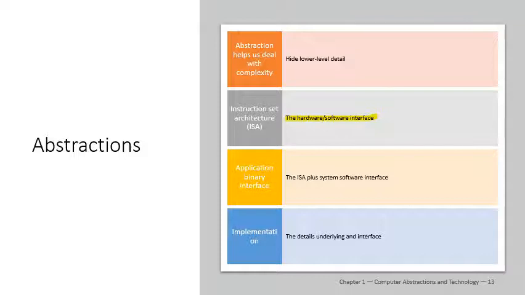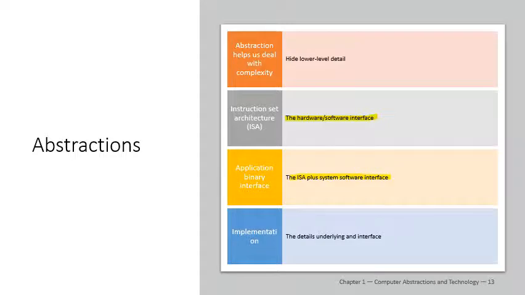It covers all the instructions, all the conversion processes, and all the factors that are used in order to implement a particular instruction or a particular task. That is defined in the instruction set, and the instruction set is a part of the instruction set architecture. Then we have the application binary interface, the ISA plus system software interface, which is known as the application binary interface.